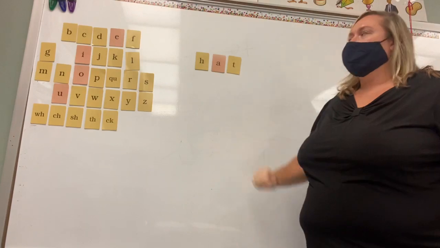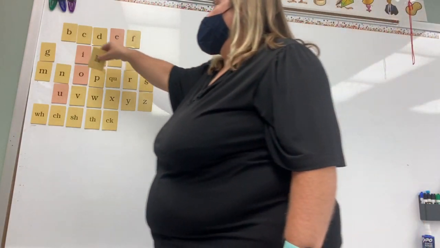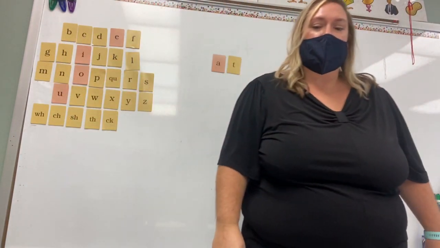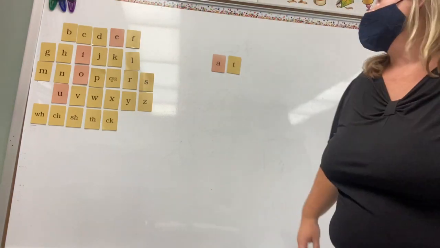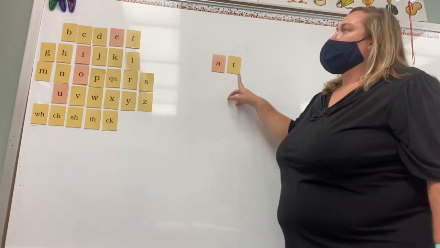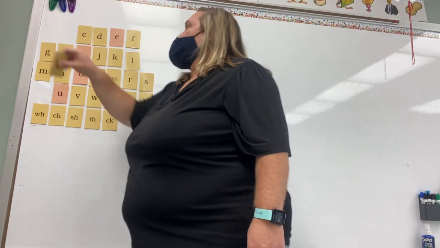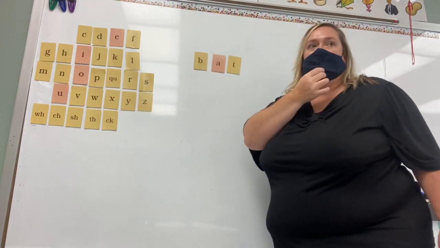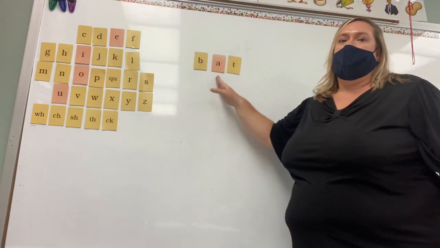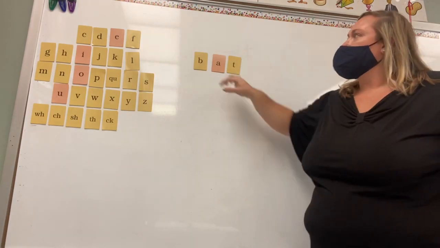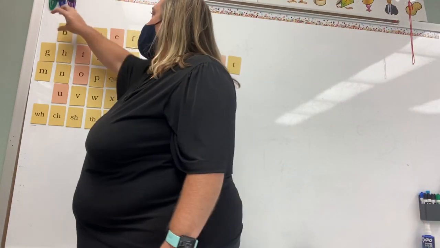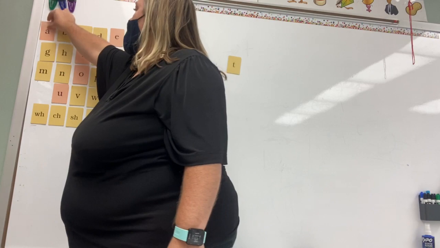At. And then we'll put that H away. And the next word we're going to practice is bat. So B-at. So we'll put the B right here. And we have B-at. Bat. Put that over there.